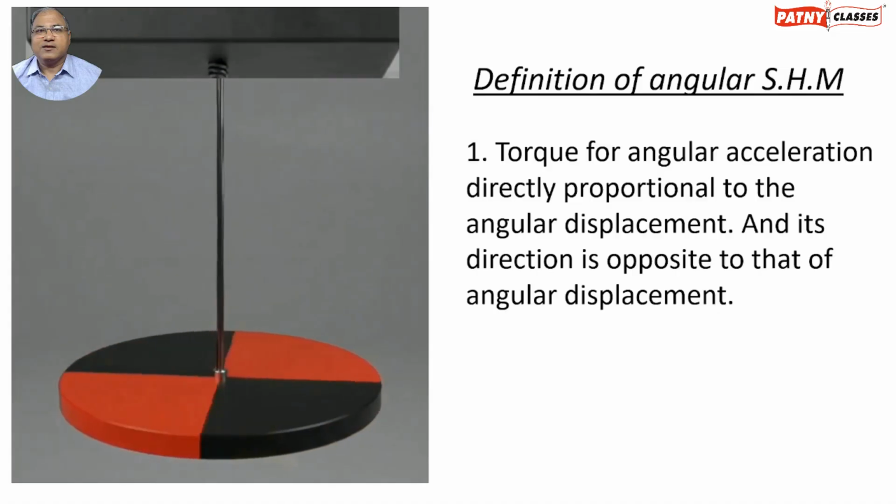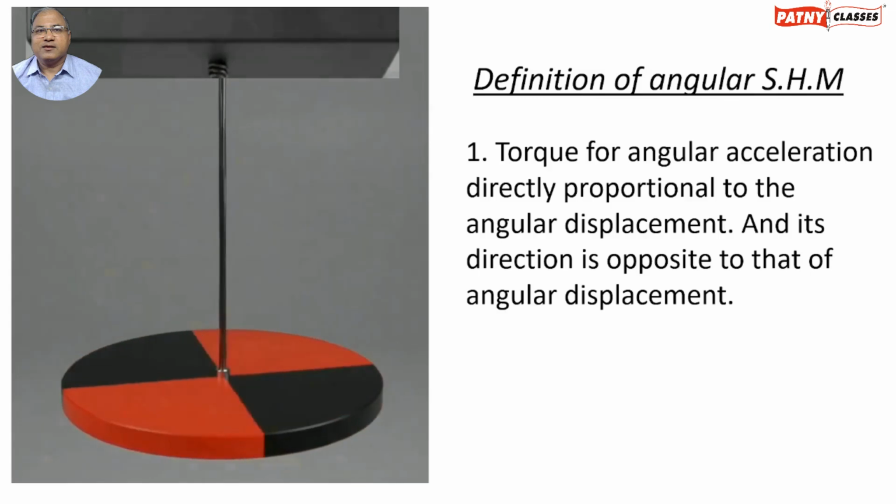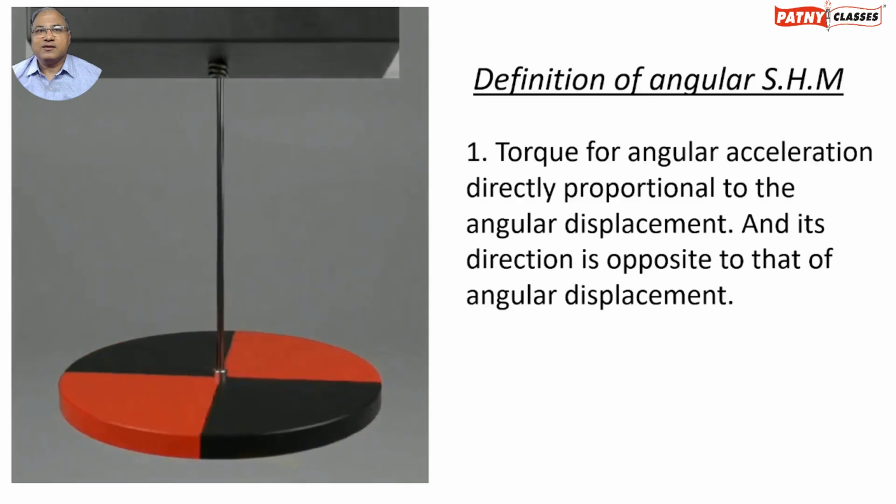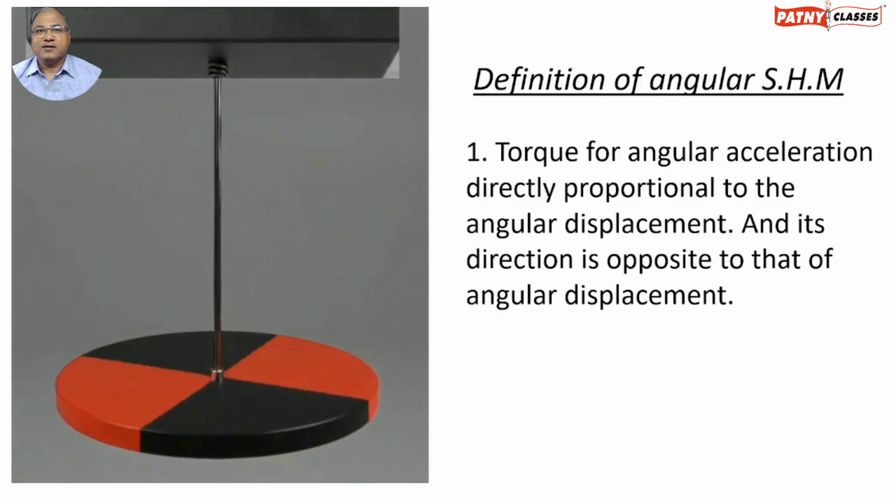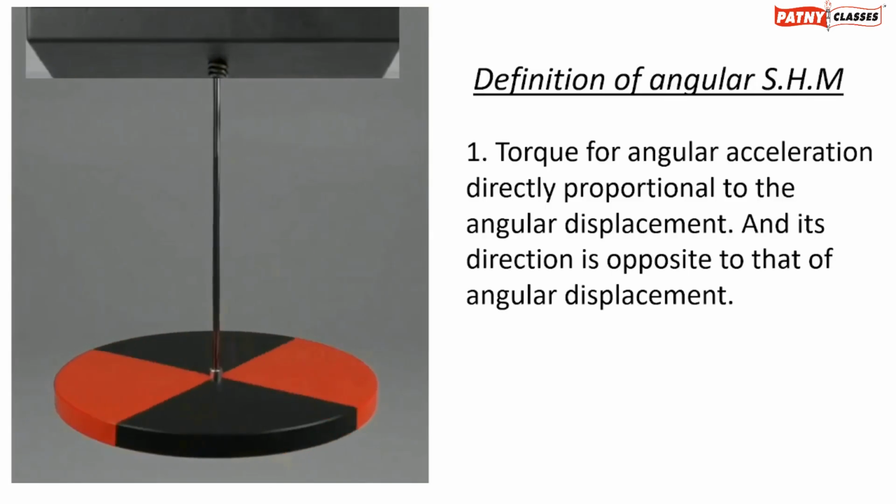Finally, let us define angular S.H.M. Here, this disk is performing to and fro motion. It is moving forward as well as backward, that is to and fro motion. And it is a rotational motion. And there is a torque involved in this motion. And this torque depends upon angular displacement. The more the angular displacement, the more the torque.